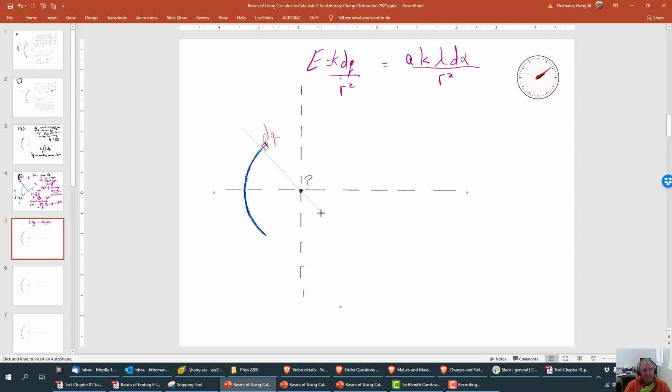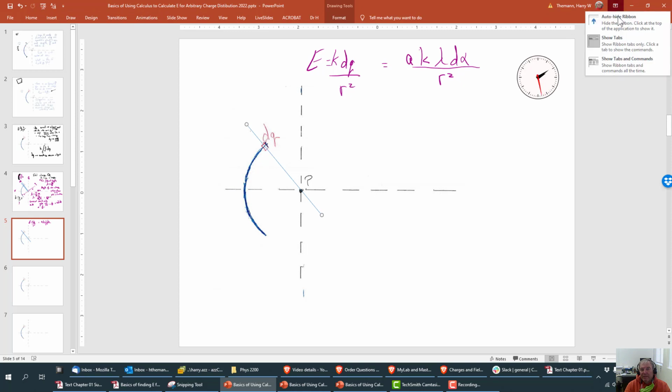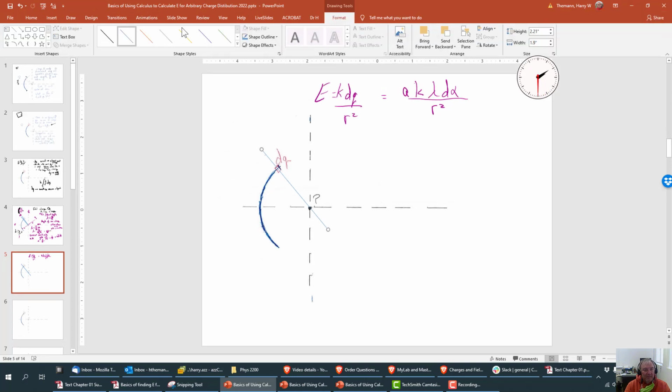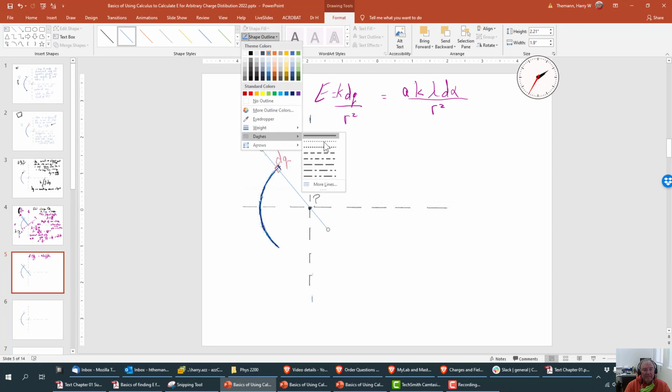So we have our point of interest, we have our Q, and generally we'd just say that we're in the center of it. And then we want to just make that a dotted line.